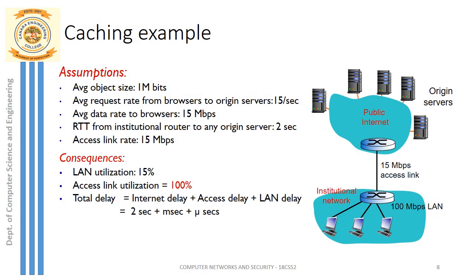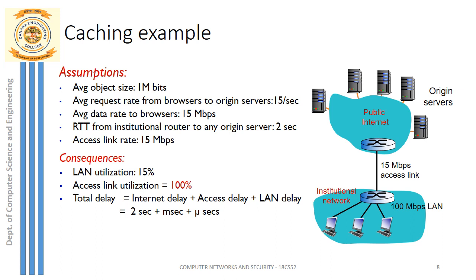So now we will see how exactly the web cache improves the efficiency of the network with an example. In this example, we are considering an institutional network with a 100 Mbps LAN, which is connected to the public internet with a 15 Mbps access link.